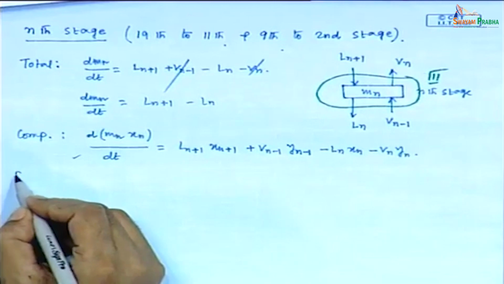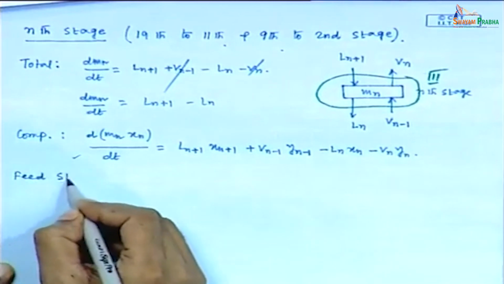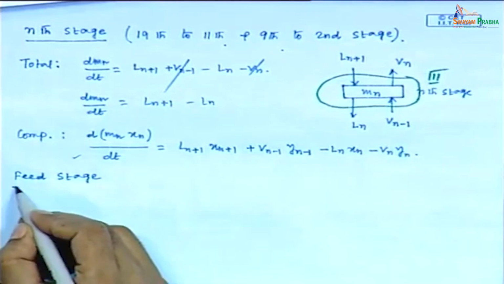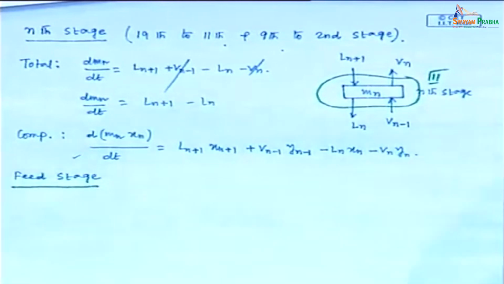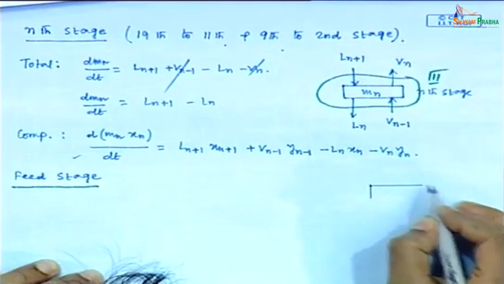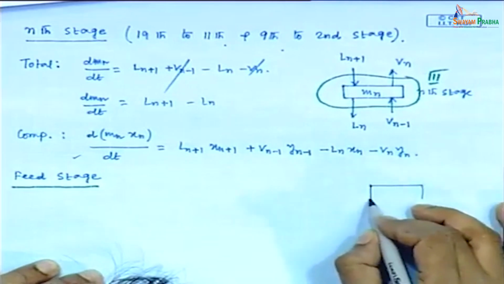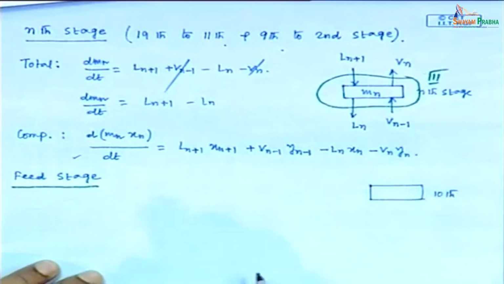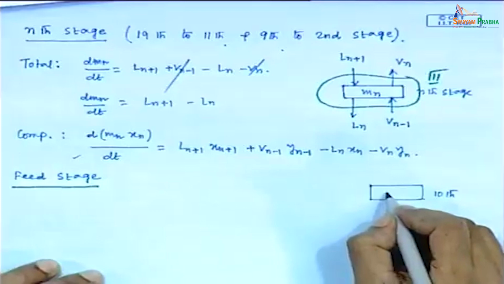So, now we will consider the feed stage. We will derive the total mass balance and component mass balance for the feed stage. So, first we have to draw the feed stage. This is the feed stage, that is basically the 10th stage.